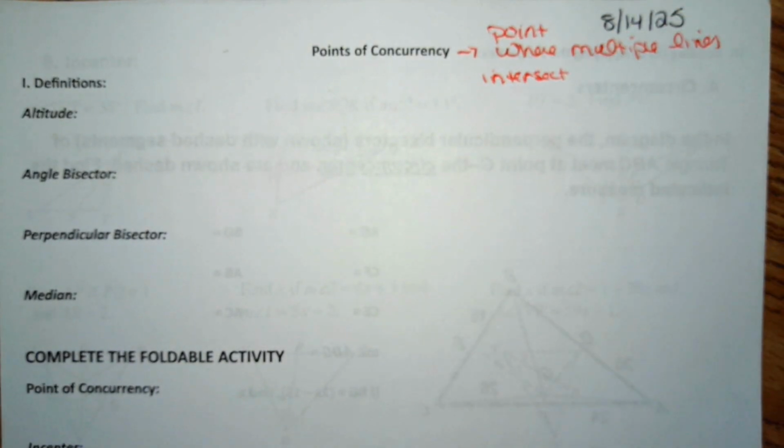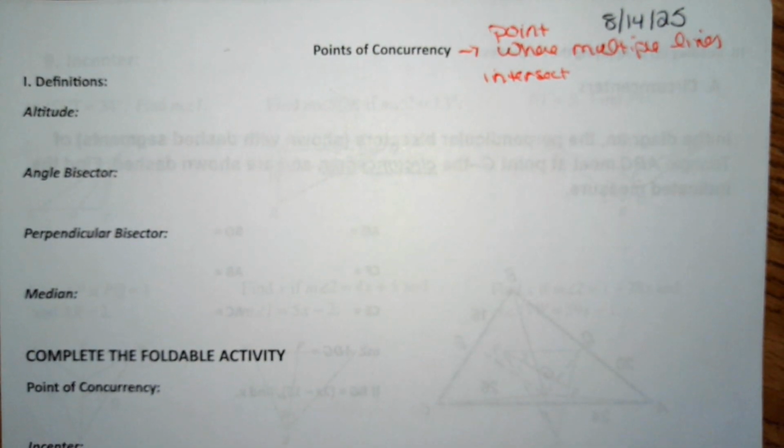It is the point where multiple lines intersect. Now they could be lines, they could be segments, it could be rays. Alright, so a point of concurrency is a point where multiple lines intersect.